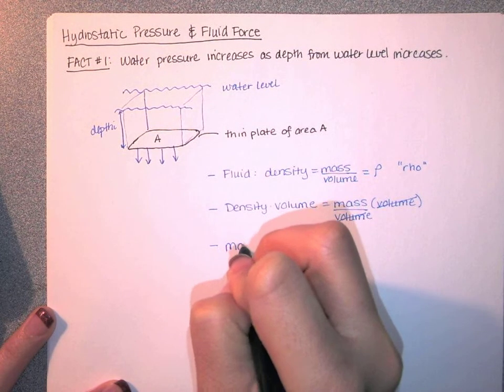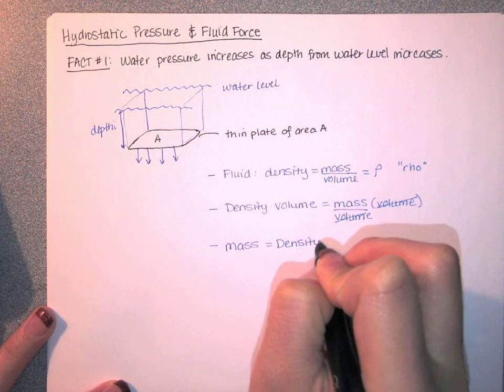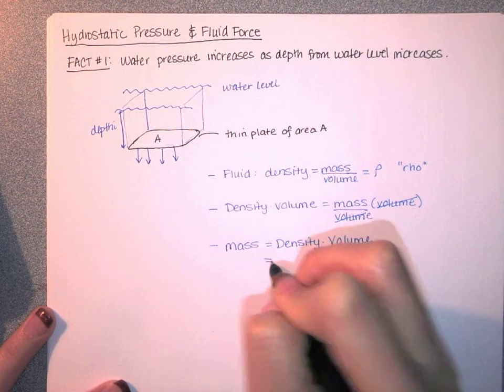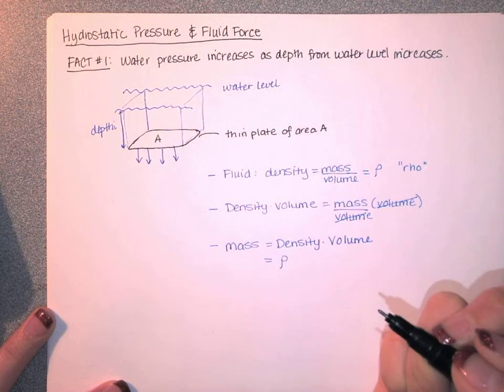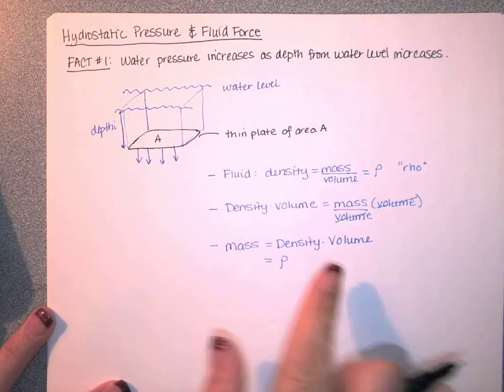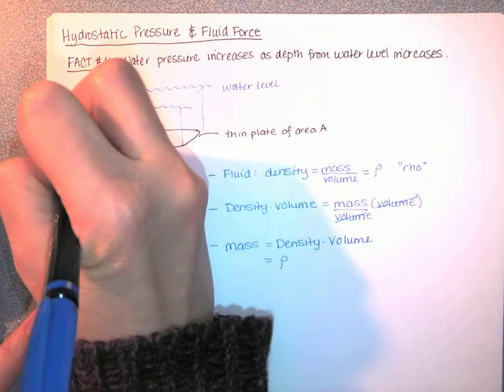Our mass is equal to the density rho times the volume. Density is just a property of the fluid. Somebody's going to have to give that to you. It's going to be different for different fluids. And the volume of water that's acting above A is A times the depth. We're going to use D for depth.